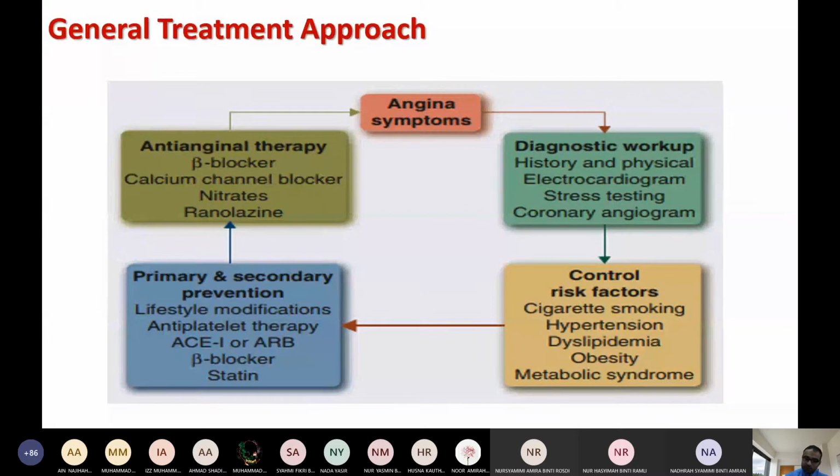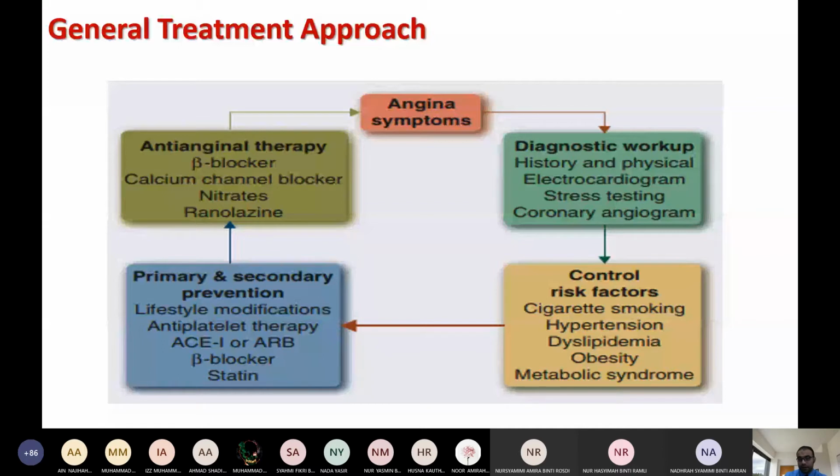The second targets how we can prevent cardiovascular events, or the next cardiac attack, from happening. And the third block is the anti-anginal or anti-ischemic therapy. Anti-ischemic therapy most of the time is just symptomatic treatment, so the patient's quality of life can be maintained.